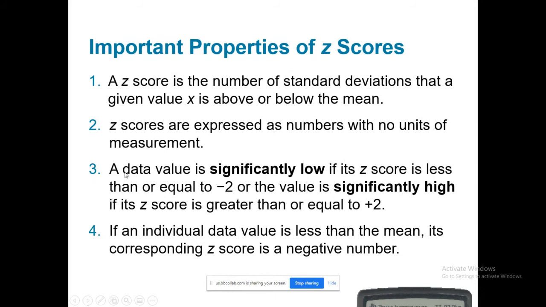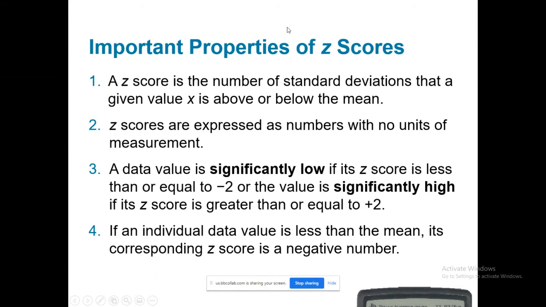Here's one that's sort of important: a data value is significantly low if the z-score is less than or equal to -2, or significantly high if the z-score is greater than +2. And we'll touch on this third point in just a second. The fourth item says if an individual data value is less than the mean, its corresponding z-score is a negative number.